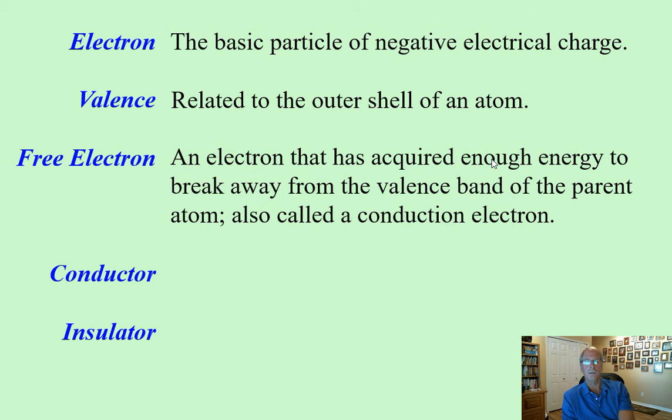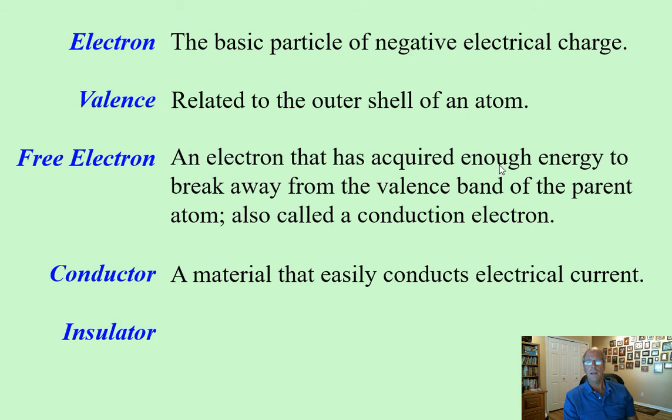And the free electron is an electron that's acquired enough energy to break away from the valence band of the parent atom and go to the one next door. It's a conduction electron. That's current flow. That's electrical current. And a conductor has a lot of these free electrons. They're all ready to rock, ready to travel to the atom next door.